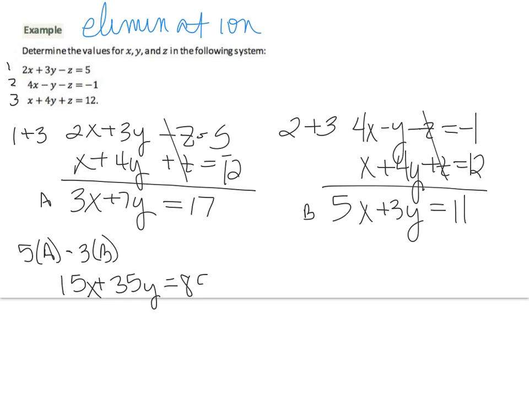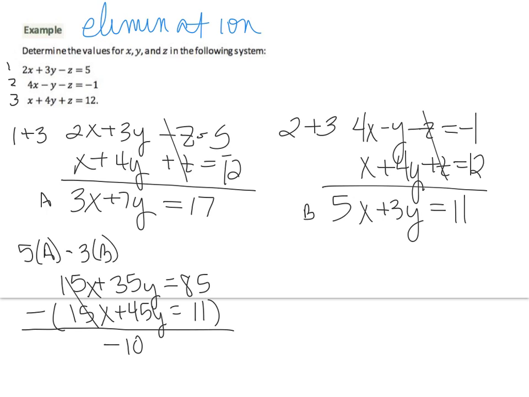I'm going to subtract 3 times equation B, 15x plus 45y equals, I did 3 times 11. So 15x minus 15x cancels, 35 minus 45 is -10, and 85 minus 11 is 74.